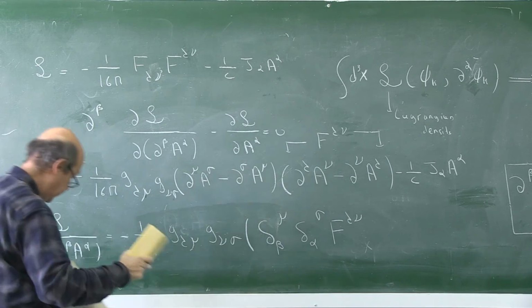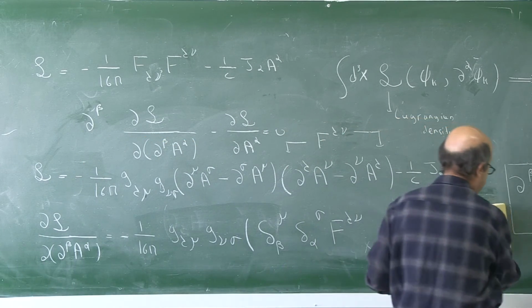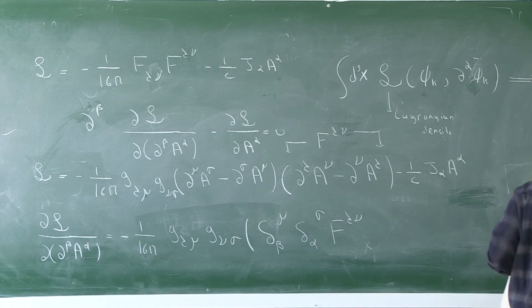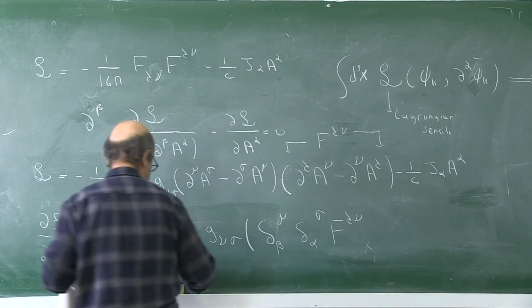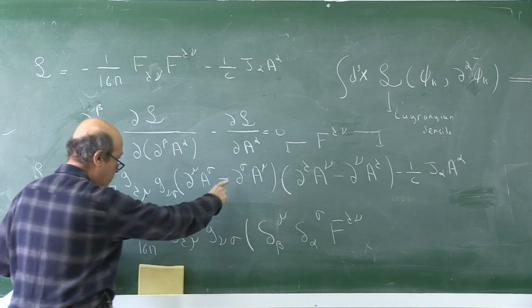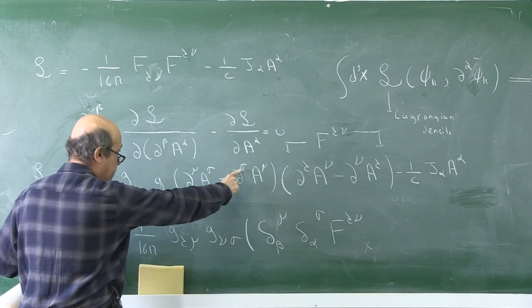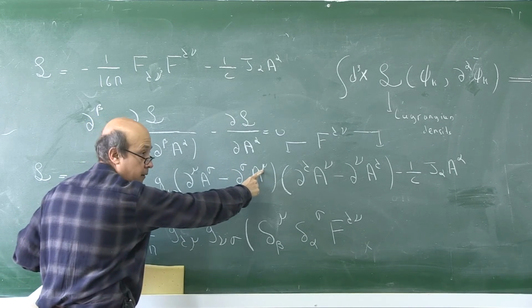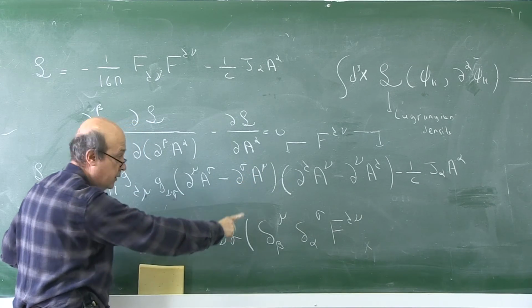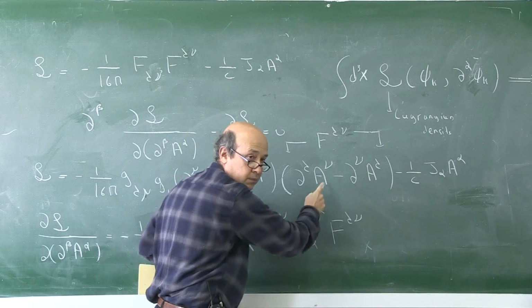So in order to speed up, you can also tell me what is going on here. So what will be this one? So say quickly. This will be Kronecker delta sigma beta, Kronecker delta mu alpha, multiplied with this term.